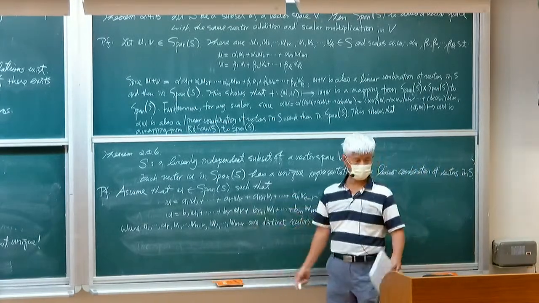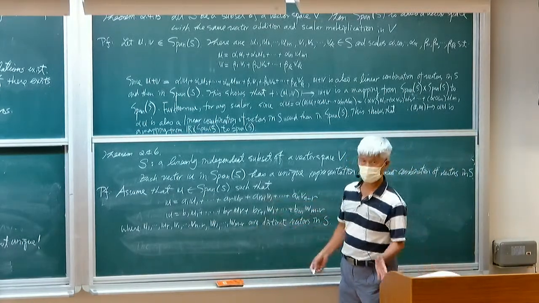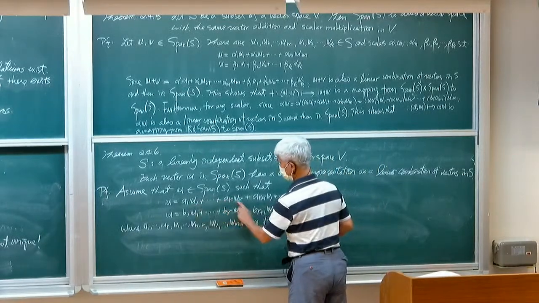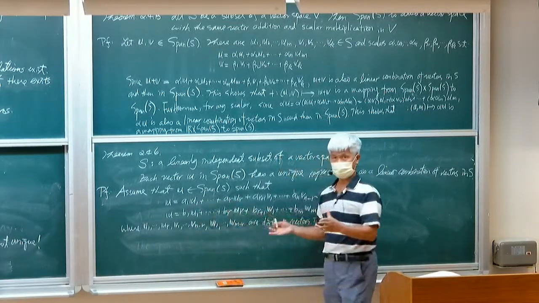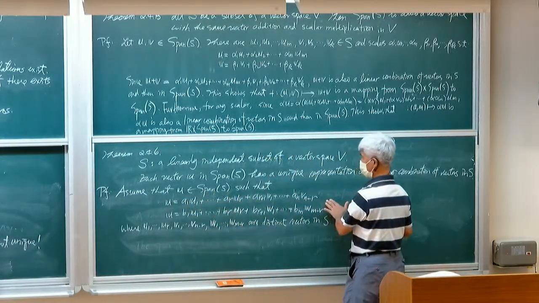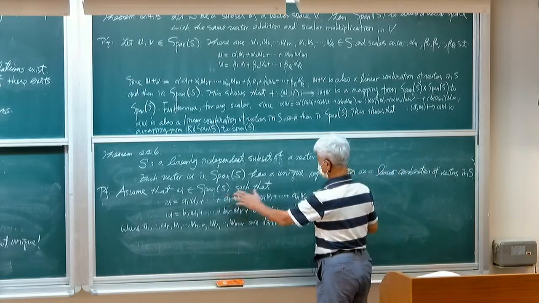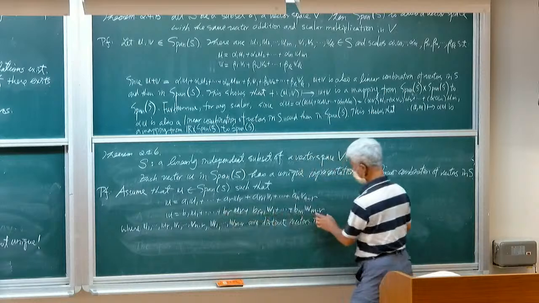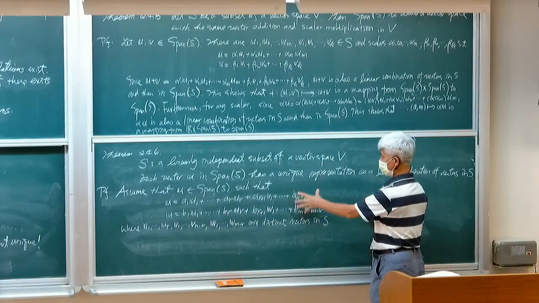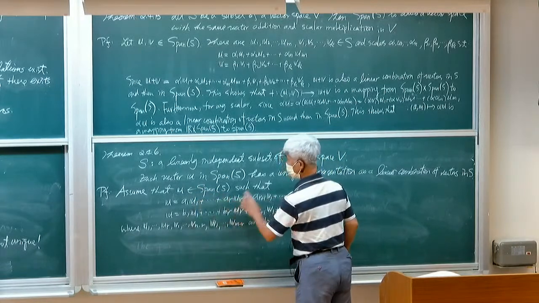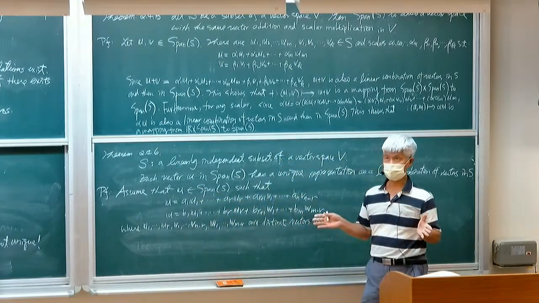In this representation, you may select the same vectors, U1 up to UR, to form the linear combination, right? In the first linear combination, there are n vectors. For the second linear combination, you have m vectors. But these two use the common vectors U1 up to UR. This is the generic case.